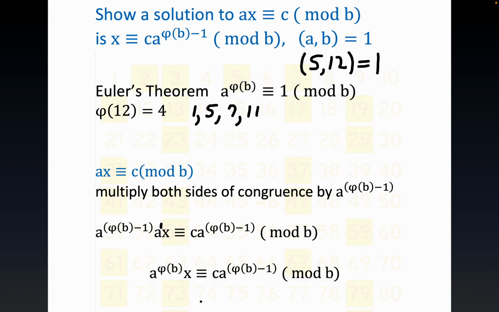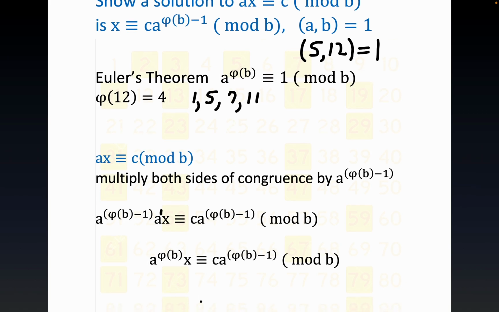So we can literally replace it, and I'll put it there just for the sake of documentation. It's superfluous, but I want you to know that something happened. The right-hand side remains unaltered, so we get congruent to c. c just tags along the whole way.